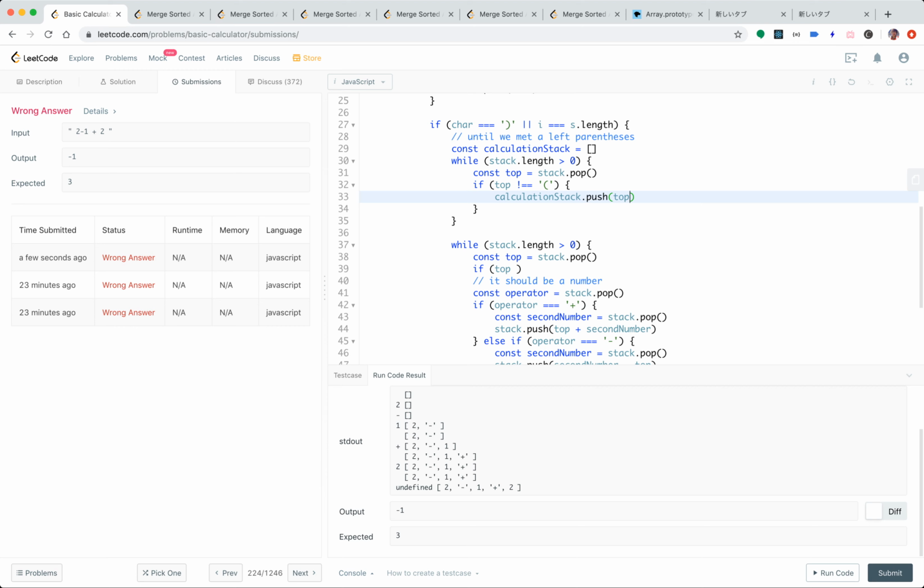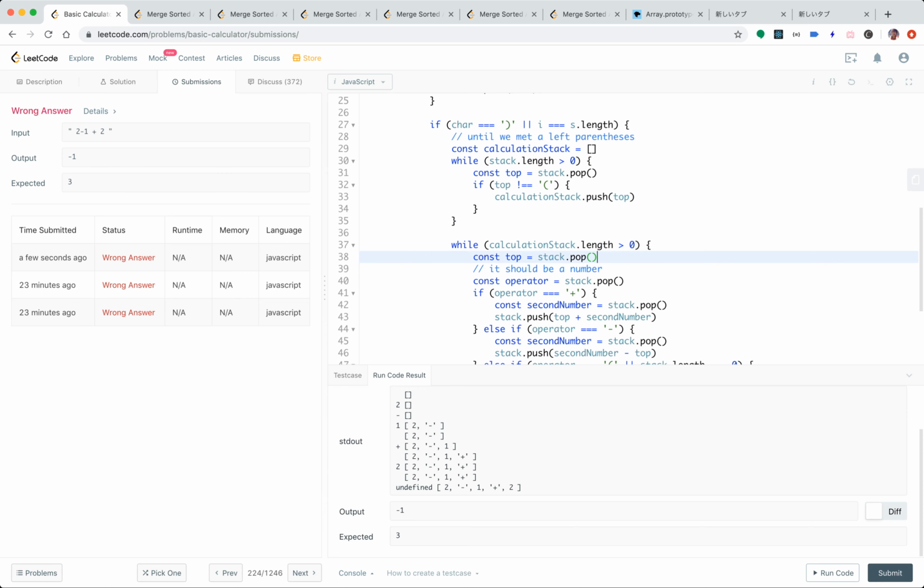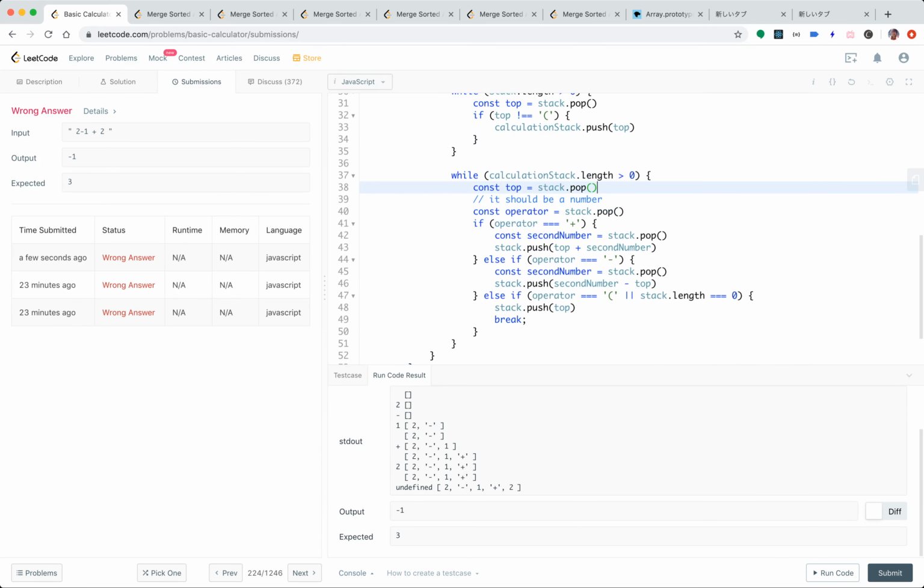Top, and then while the calculation stack is there, we get the top.